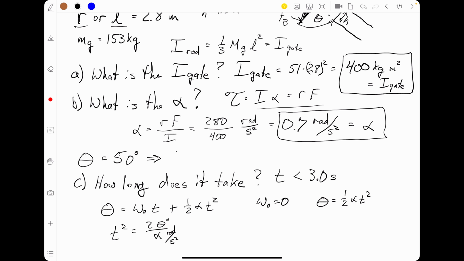2 pi radians equals 360 degrees. This is where I start out every time. You could start out with pi radians equals 180 degrees. That's fine. But then what we need to do is multiply 50 degrees by something. So let's do pi radians over 180 degrees.